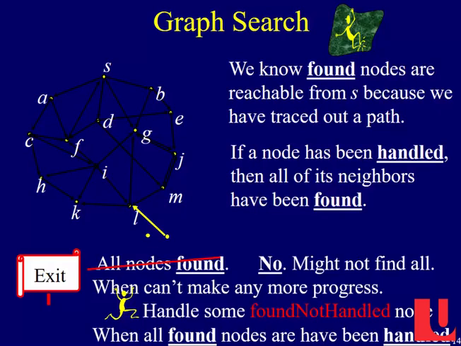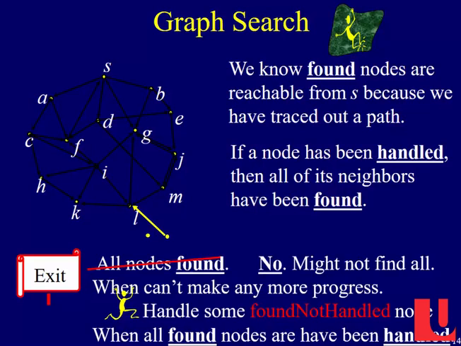Because in every iteration, we're guaranteed to handle a new node, but we're not guaranteed to find a new node. Right? What's the algorithm? Take some node that's found but not handled and handle it. That makes the number of handles go up. But maybe this node doesn't have any outgoing edges. Or maybe all the outgoing edges are going to nodes which are already found.